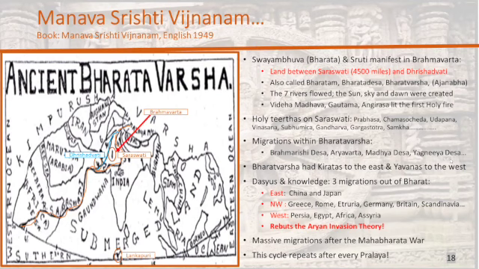So from the beginning of Srishti, although it starts in the Brahmavarta, it starts migrating all over India, and that is how all of India gets populated. Now, of course, there are some details as to what the neighboring countries were. So based on that, with the Himalayas bordering the north and the ocean bordering the south, you get an idea of what the geography and contours of India became over time.